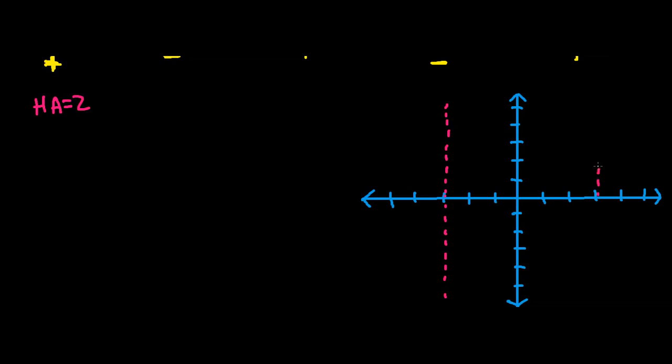Here's 3. Here's the horizontal asymptote of 2. So these are all of the uncrossable lines, lines that you do not cross in algebra.